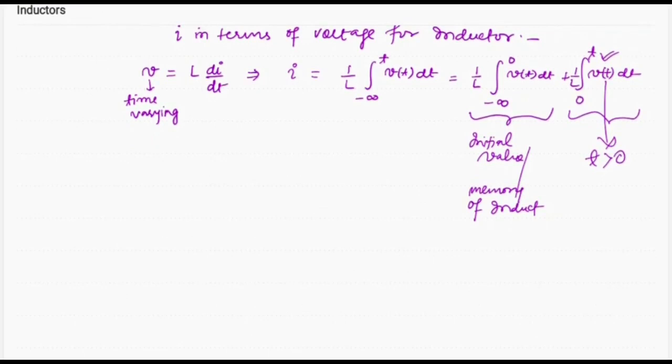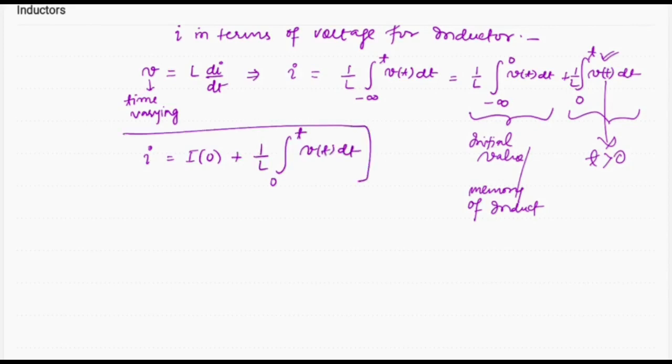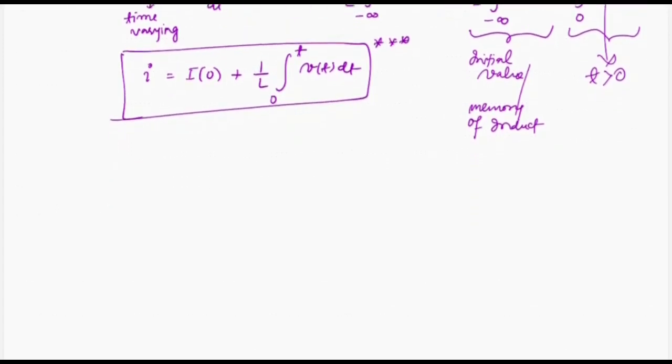Consolidating these two, we can say that i will be equal to i0 plus 1 by L integral from 0 to t of V(t) dt. This is also a very important relation as far as the properties of inductors are considered.